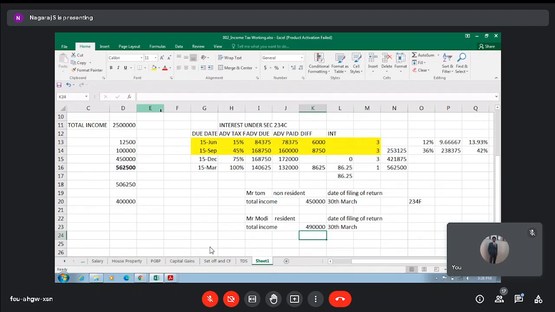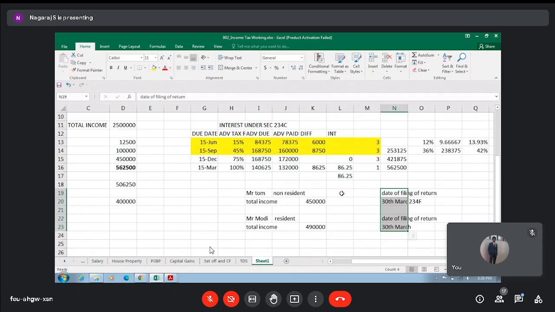234A interest. The due date for filing the return of income, due date. This is date of filing. Okay. Date of filing, this one. Due date. He should have filed by 31st July in these two cases.